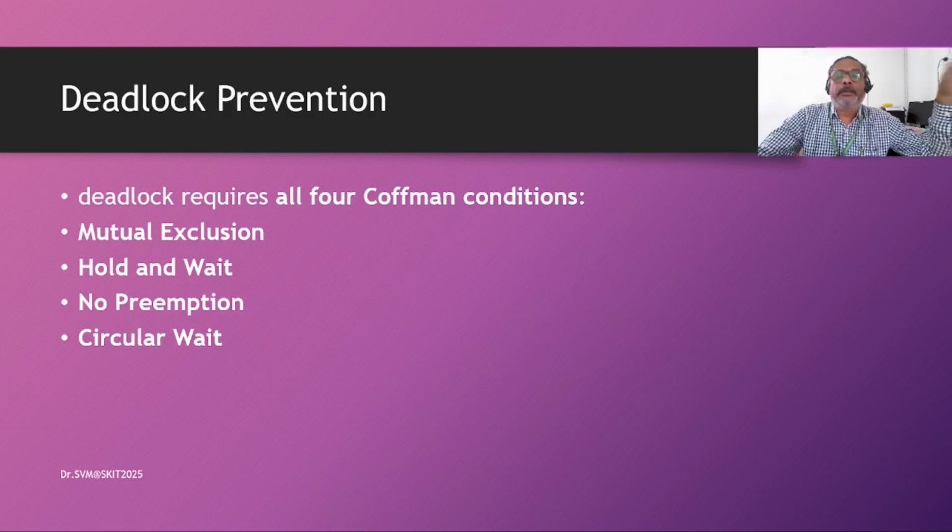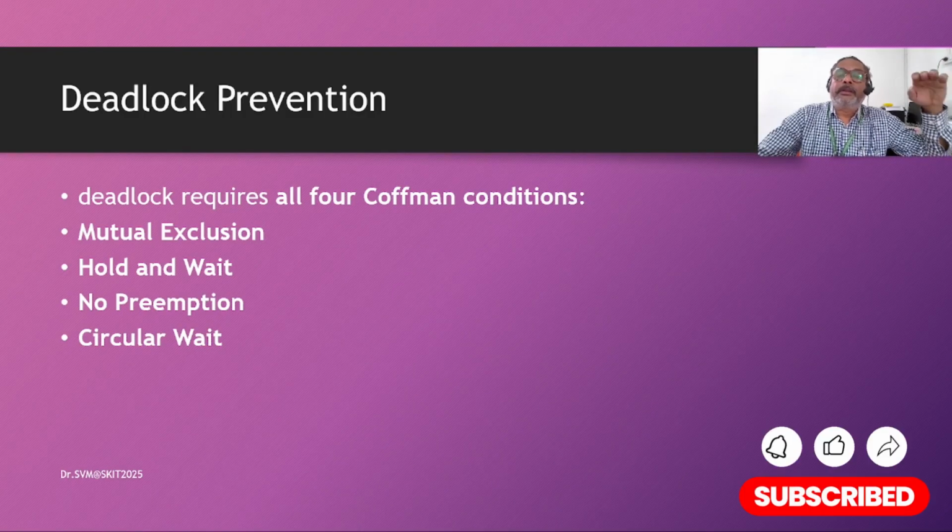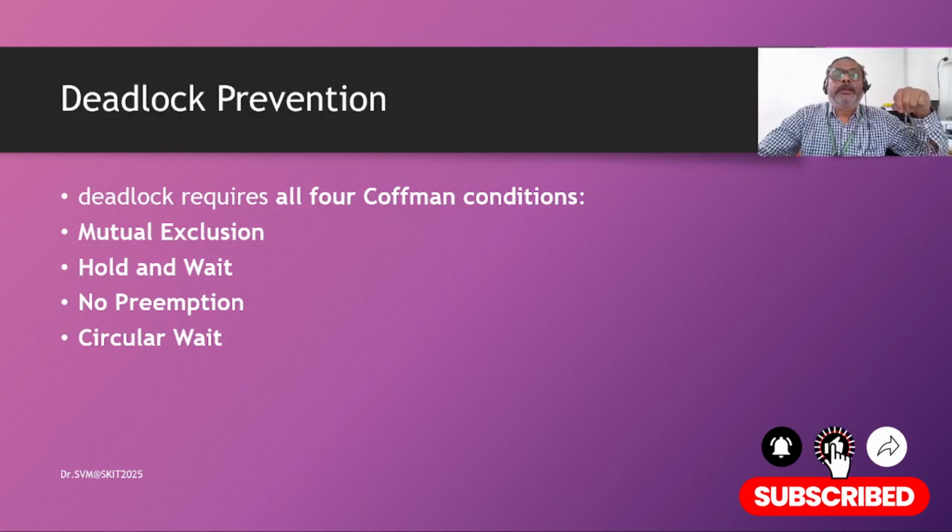So that cycle is there. They depend on one another in a cyclical way, and hence none of them can continue their work, and hence deadlock. So all four conditions have to be met simultaneously; only then will there be a situation called deadlock.